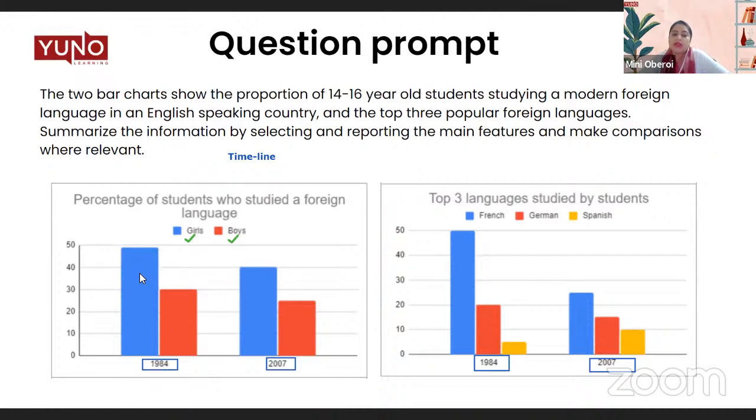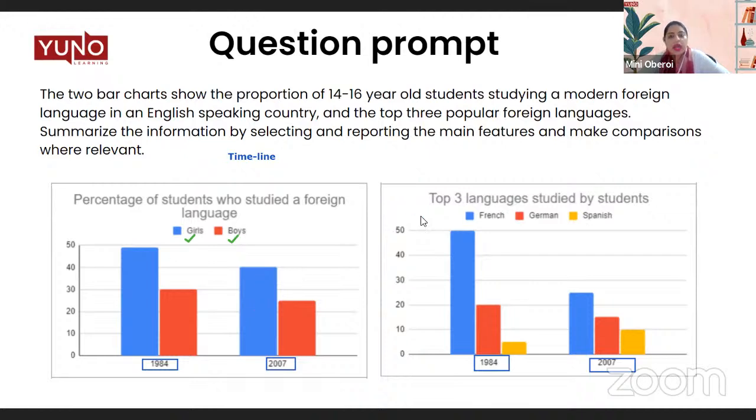That the majority of the girls are inclined towards learning a foreign language, while in 1984, boys were not much interested, right? They were nearly half of the girl populace, nearly half. However, with the passage of time, the interest in the girl populace also decreased, right? This is what we can see.